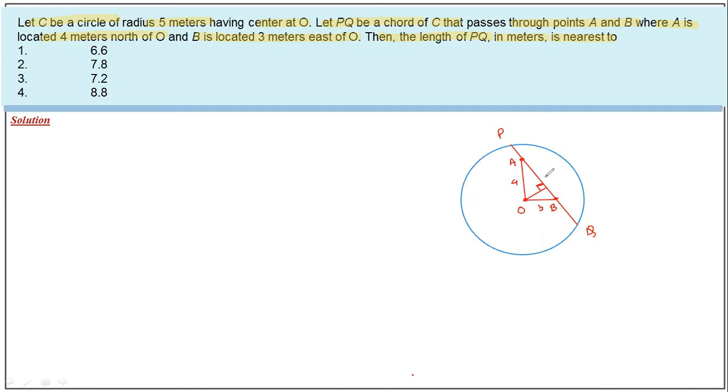So that means, first of all, length of AB will be equal to 5.